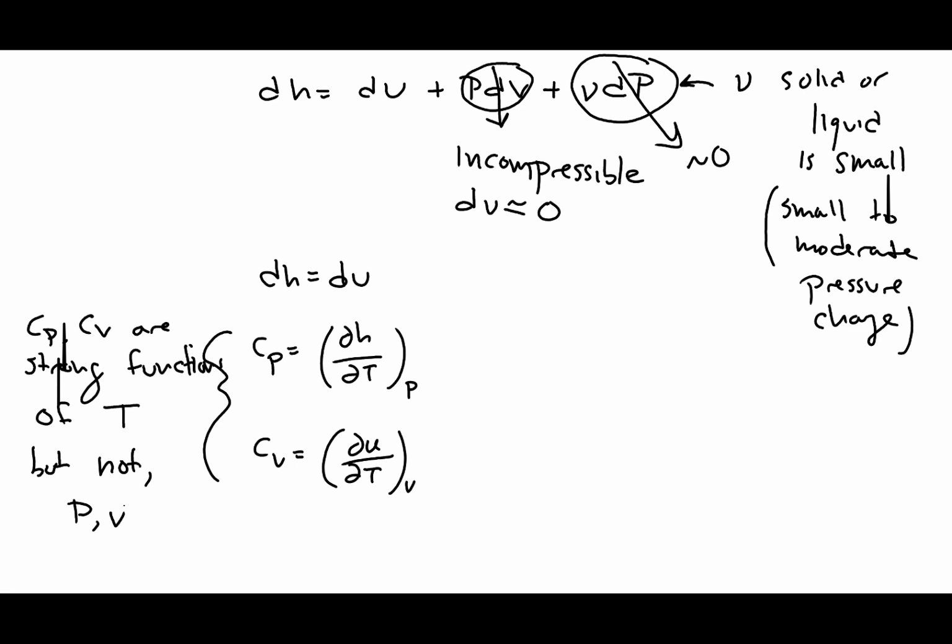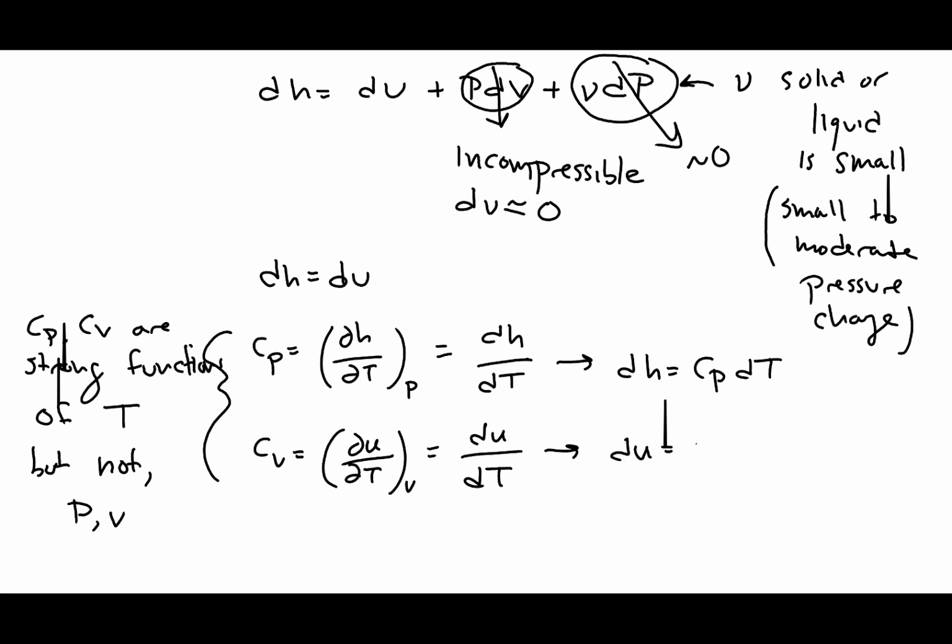So what we can do is change these partial derivatives into ordinary derivatives, and we get dH over dT, and this one is dU over dT. So then we can rewrite this. dH is equal to C sub P dT, and dU is equal to C sub V dT.